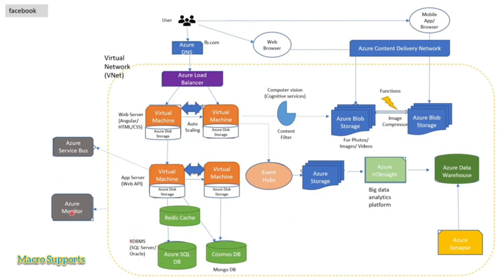Up to here, we have covered the services which are doing the actual work. Now we will cover some services which will make this virtual network secure. The first of them is Azure Active Directory.